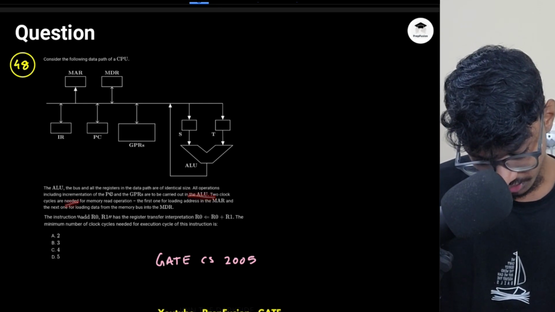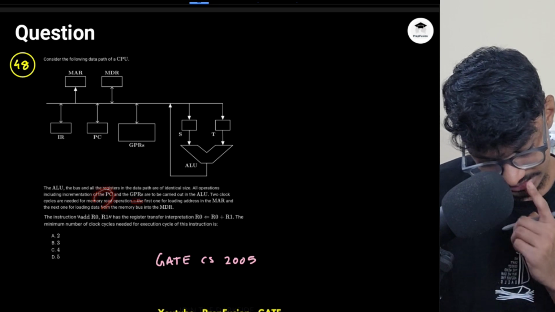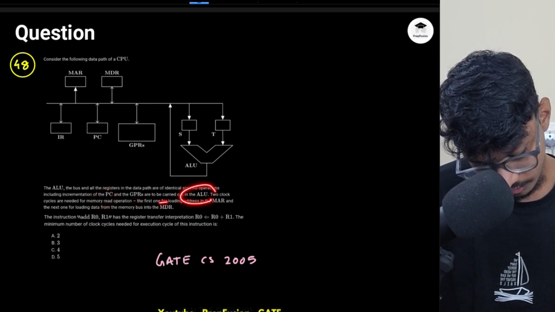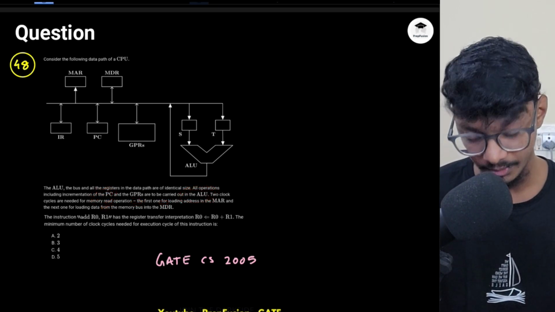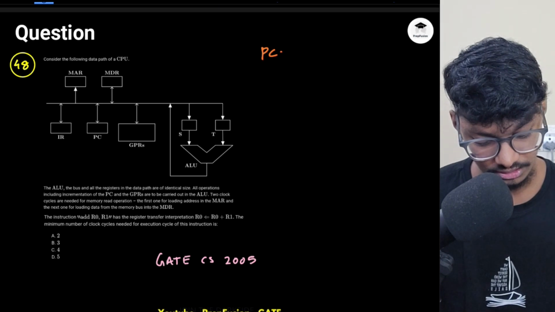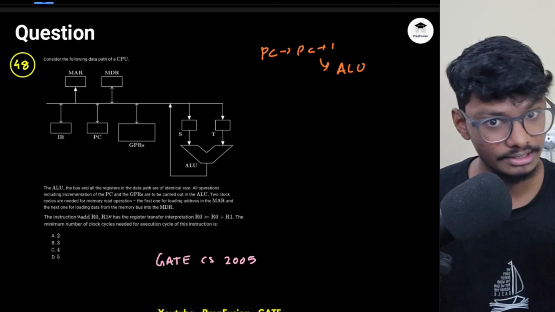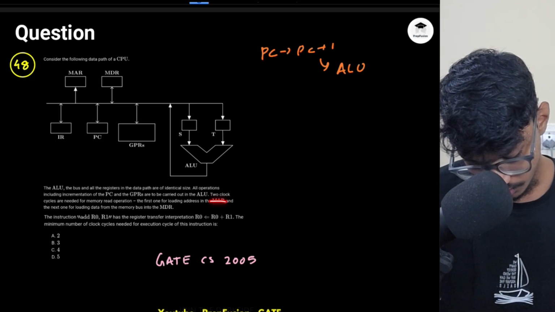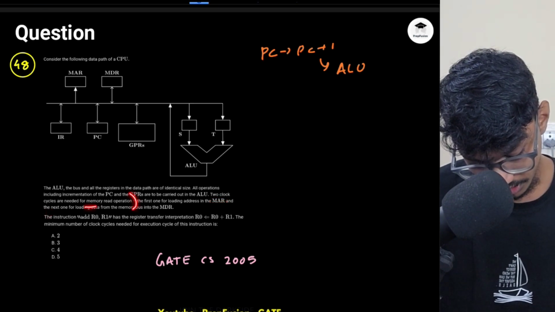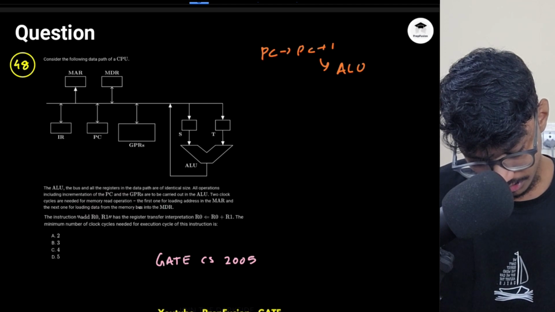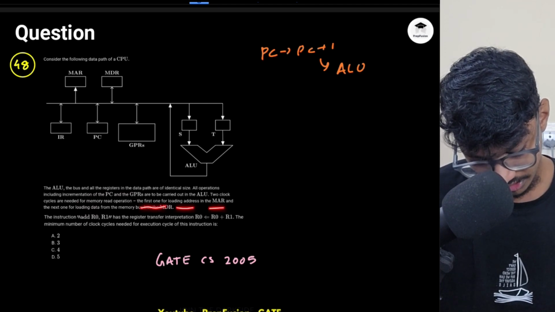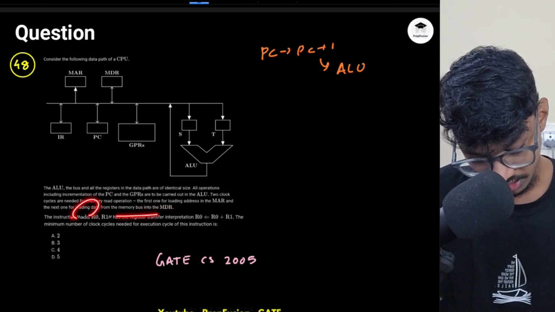All operations, including incrementation of PC and the GPRs, are carried out by the ALU. So even if I increment my PC after every instruction fetch, that will be done by the ALU. There is no separate ALU for that. Two clock cycles are needed for memory read: the first one for loading the address in the MAR and the next one for loading data from the MDR.